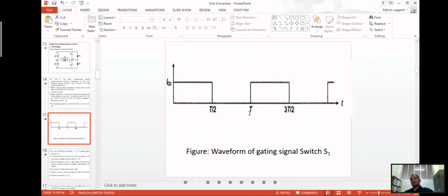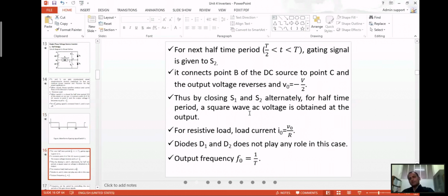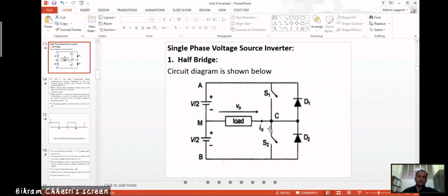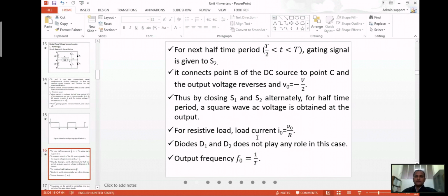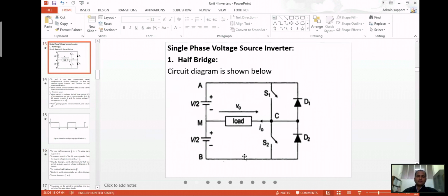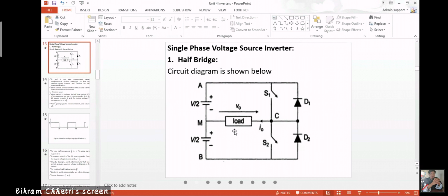For the next half time period, between T by 2 and T, the gating signal is given to S2. It connects point B of the DC source to point C. In the first half S1 will connect, and in the other half S2 will connect.